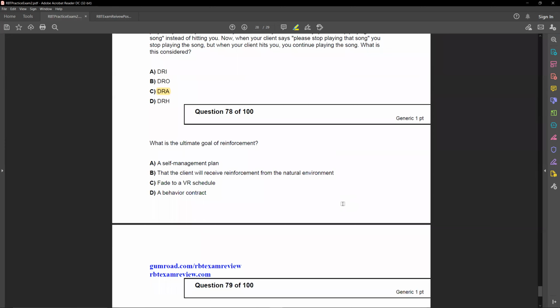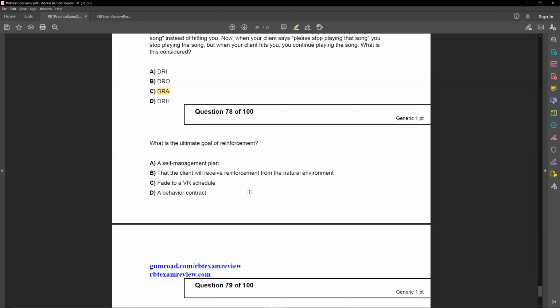78, what is the ultimate goal of reinforcement? Okay, so there's one main thing we're trying to achieve with reinforcement. Is it a self-management plan? Is it that the client will receive reinforcement from the natural environment? Is it a fade to a VR schedule, or is it a behavior contract? Well, it's not a behavior contract, okay?